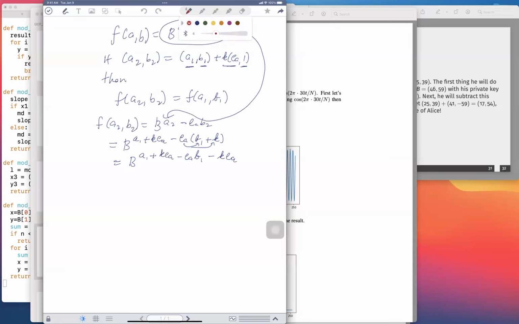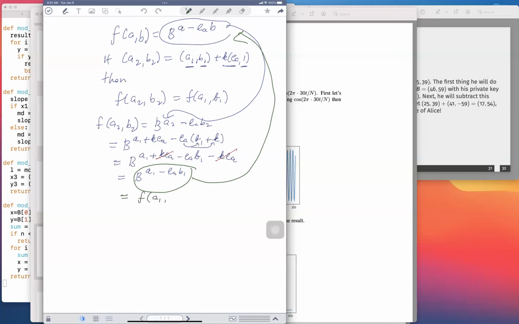Which means that you can cancel this, and this will give you B raised to A1 minus EA B1. If you compare this with this, it means that this is equal to f of A1 comma B1. So in other words, it's a periodic function with period K.